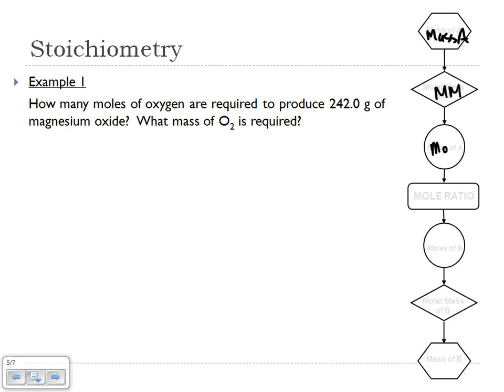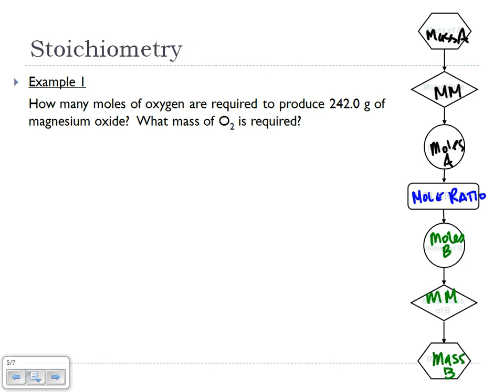And that gives us the moles of A. Then we use the mole ratio. That gives us the moles of B. And then we use the molar mass of B to convert that to the mass of B. So those are our steps. If you like using flowcharts, it's there for you. If you want to memorize steps, it's there for you. Or if you want to just use conversion factors, you can do that as well.